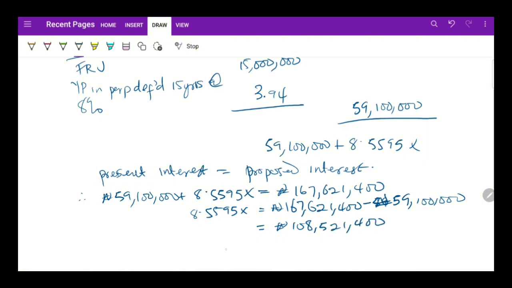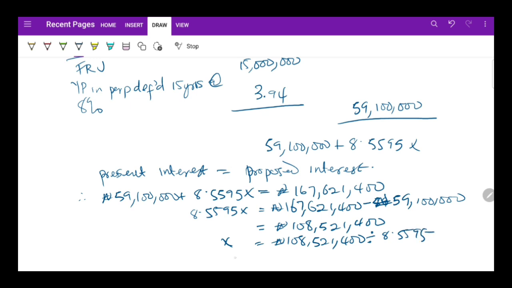So your x will now be equal to 108,521,400 divided by 8.5595.